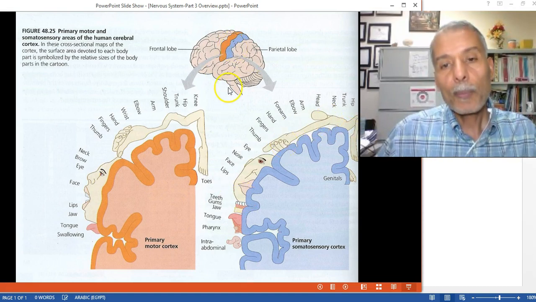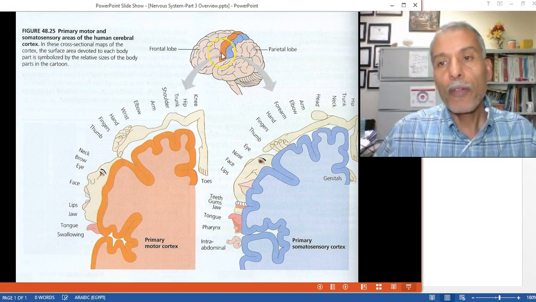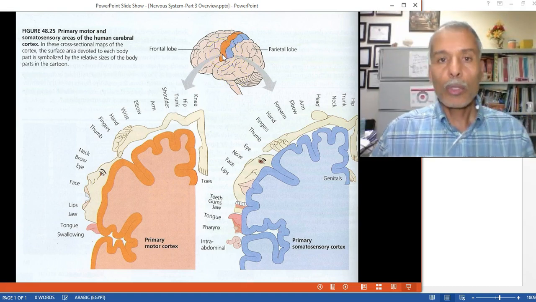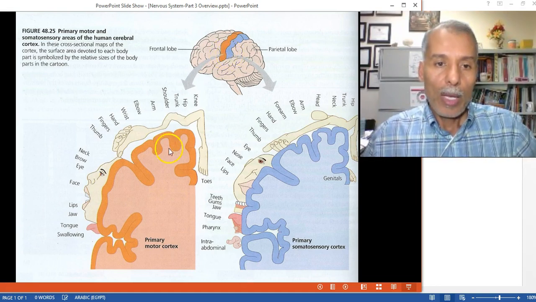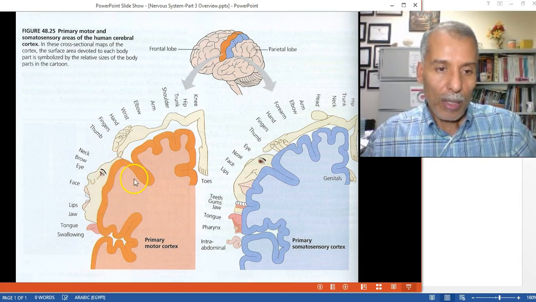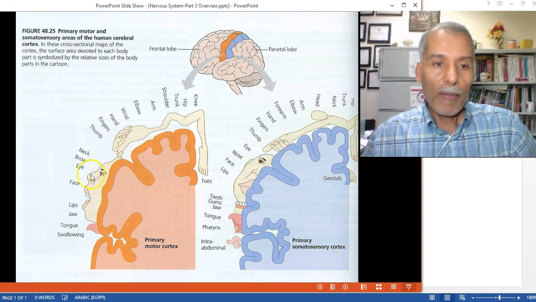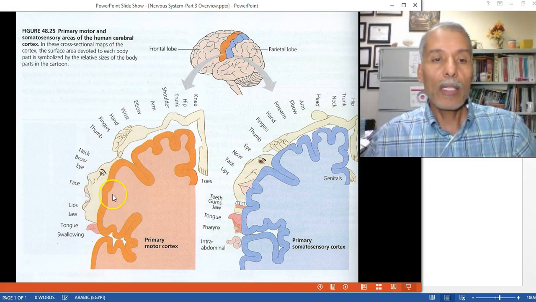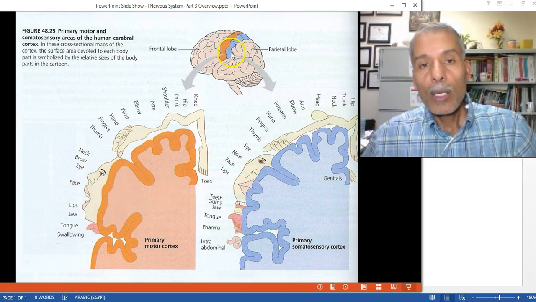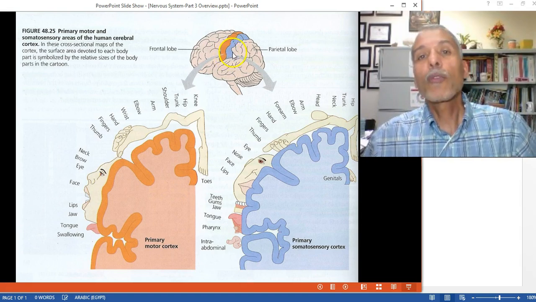So let's take, for example, this area here, the inferior motor cortex and the inferior somatosensory cortex. This area, the brown, activates different muscles and different parts of the face to move. Across this area brings in sensation from these parts of the face.